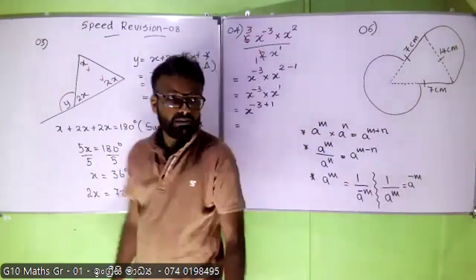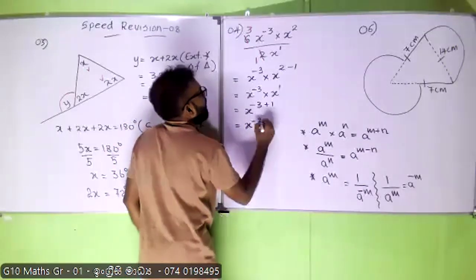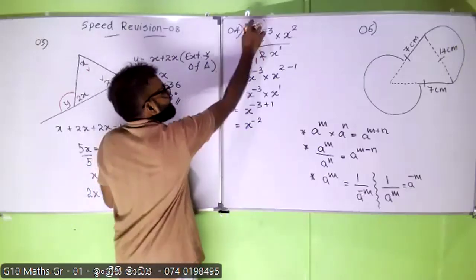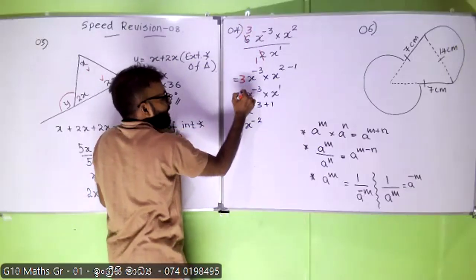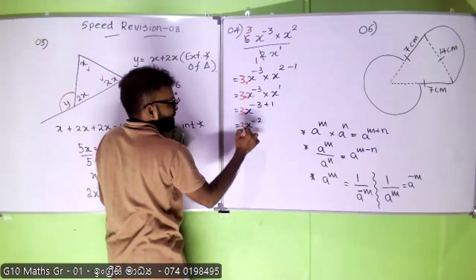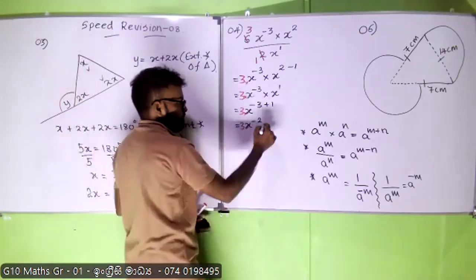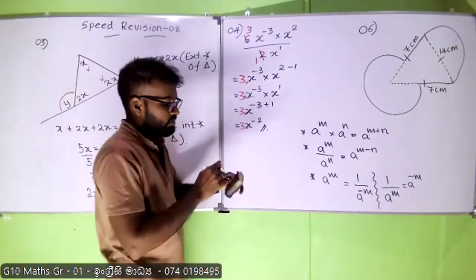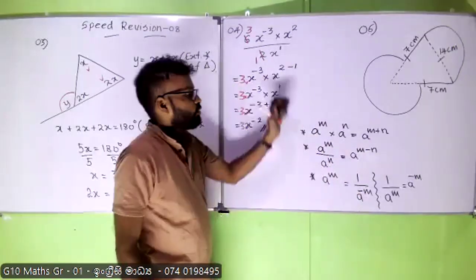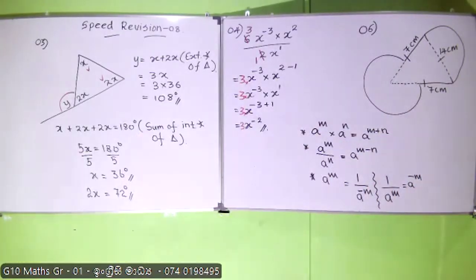Minus 2. Super, minus 2. I have missed a number, 3 is the number. So the final answer is 3 x to the power minus 2. And I used these laws, that is the fourth one.